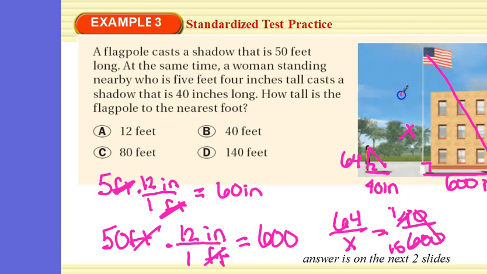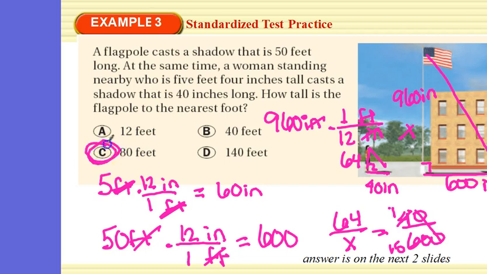Good. So this is 960 inches, but we want our answer in feet. We need to get out of inches and back into feet. They have to be diagonal to cancel out. There are 12 inches in 1 foot, so we're just dividing by 12. And we get 80. It is 80 feet tall. Does this make sense? Have to have the same units, then set up your proportion, cross products, and solve.